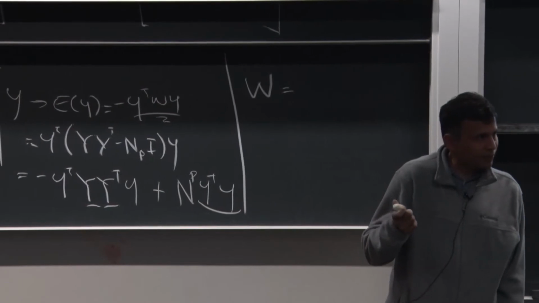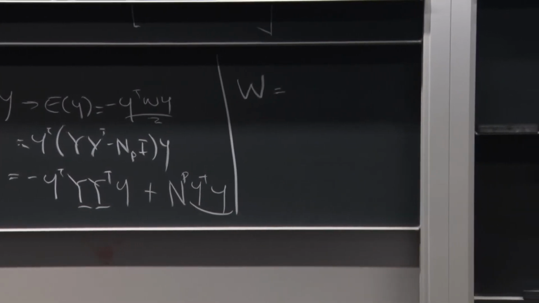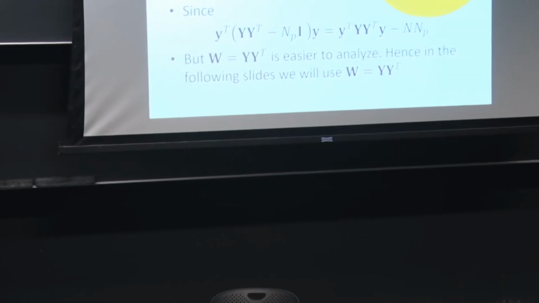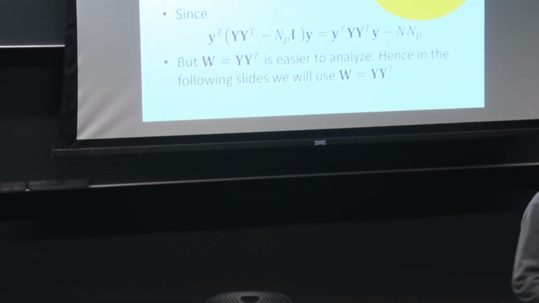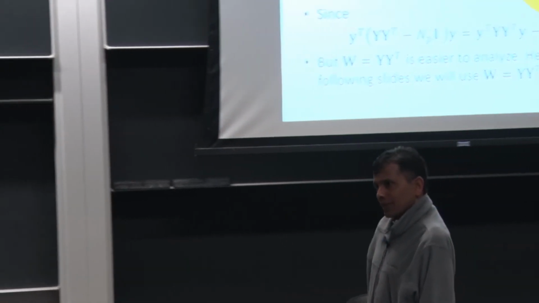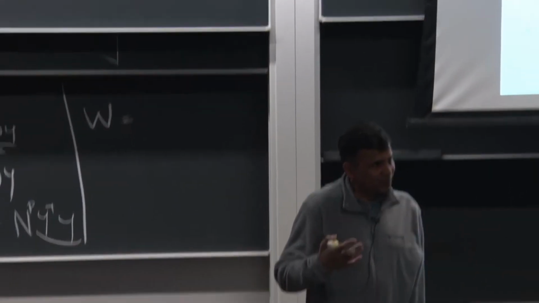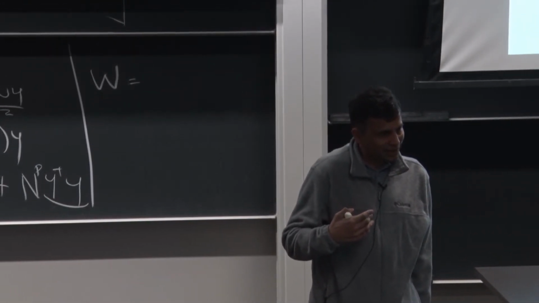Guys, everyone's sleeping, right? So what is the eigen decomposition of a matrix W? How did you define an eigenvector of a matrix? Anybody remember that? Scalar times the vector equals the matrix times the vector.